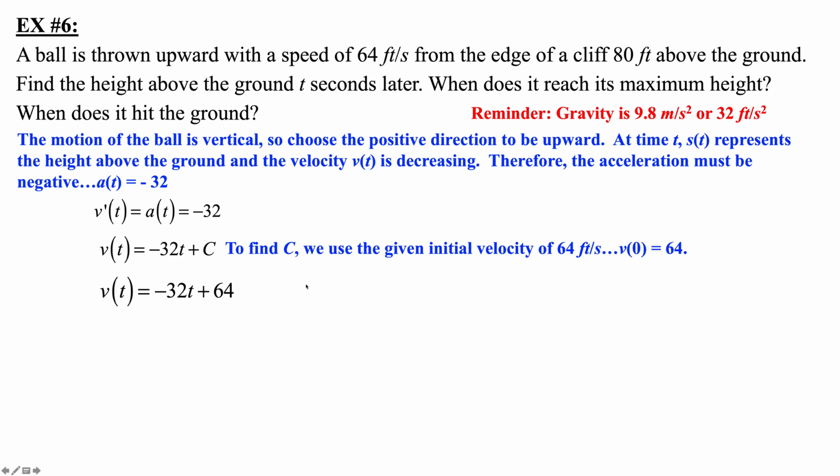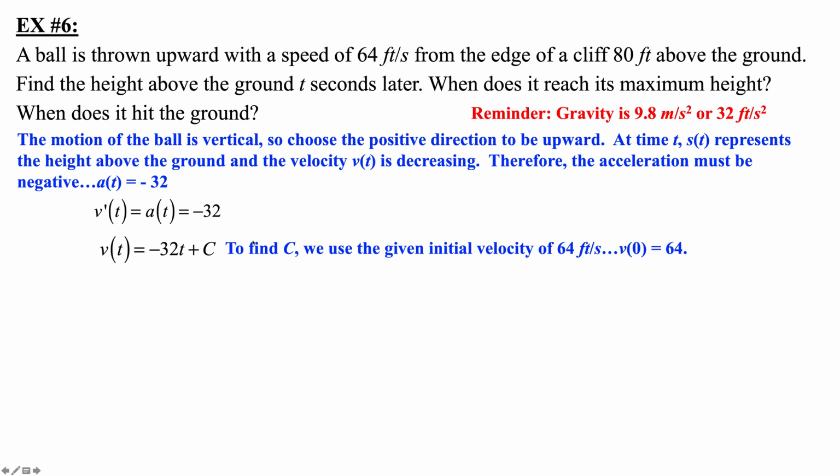Here's my velocity function, which means now I can tell you what time it reaches its maximum height by solving this for t by setting it equal to 0. That's going to be your critical number where you find your local max or min, because this is technically the first derivative of your position function s of t.